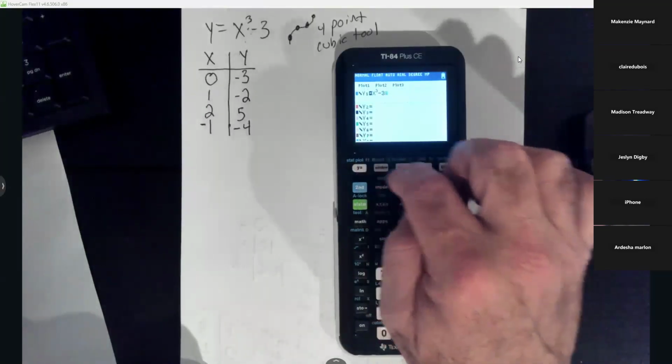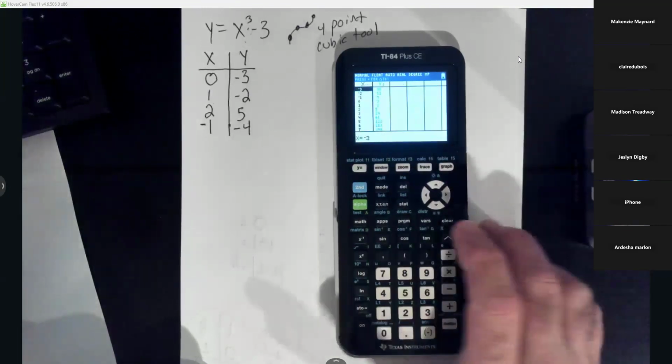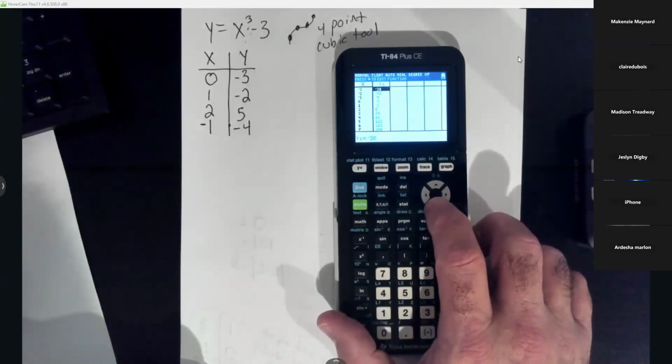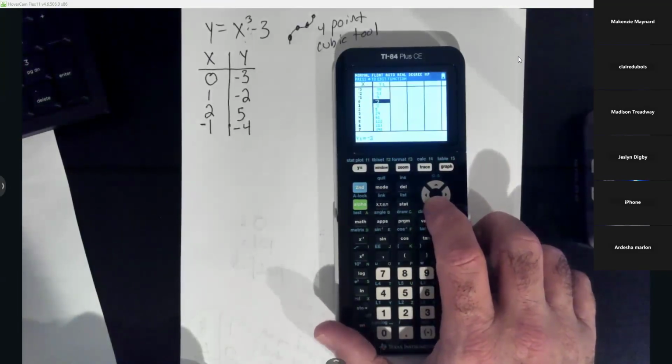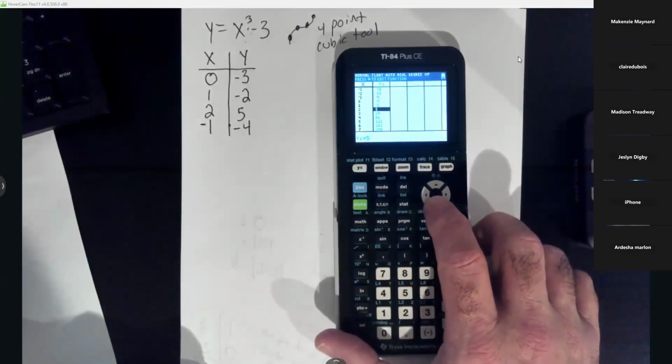All right, so let me hit second graph to go to my table. So y'all look at these numbers. -30, -11. There's -1, -4, what we picked. 0, -3, 1, -2, 2, 5.